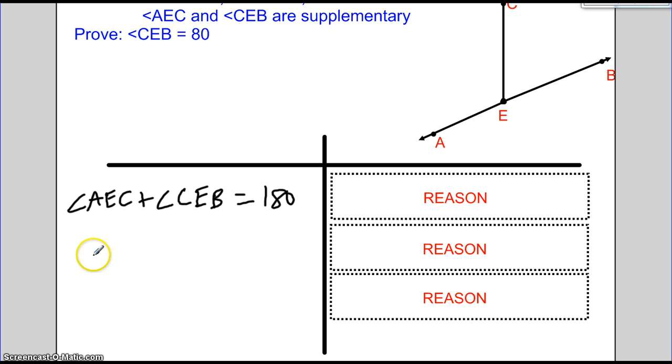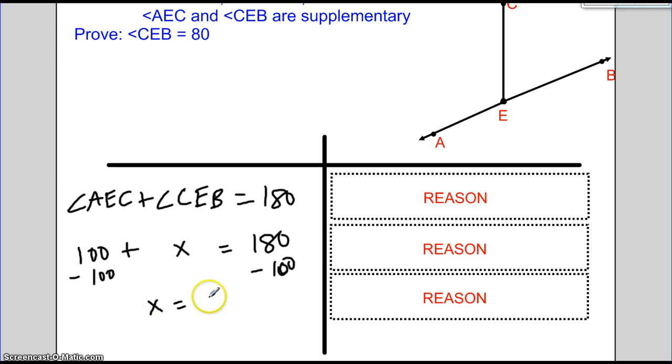Now once I know what AEC is, which is 100, CEB is X, and that's equal to 180. I'm going to do some math to solve for X, so I subtract 100 from both sides. So that means X is equal to 80, which means angle CEB is equal to 80.